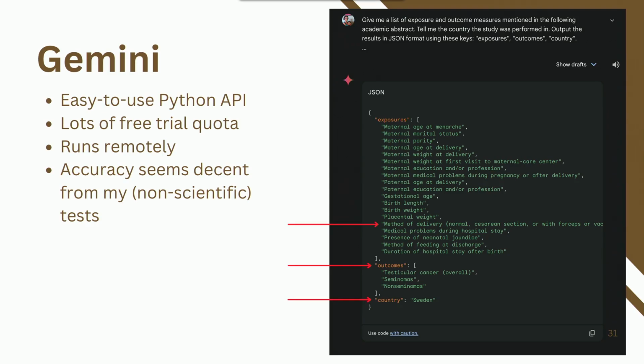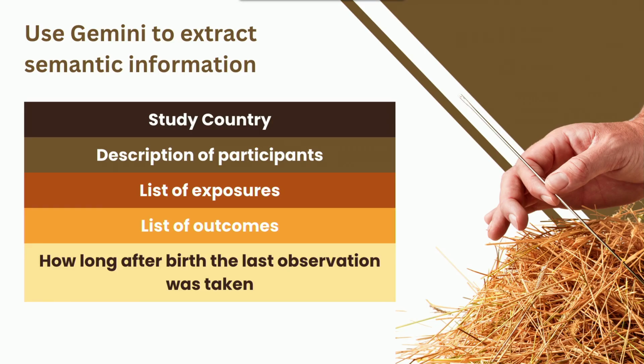OK, that's no problem. If I tell Gemini to extract the information into JSON format, I can just put it with the rest of my data and filter it afterwards myself in Python. So using this method, I used the Gemini API to extract a number of different pieces of information from all 23,000 articles.